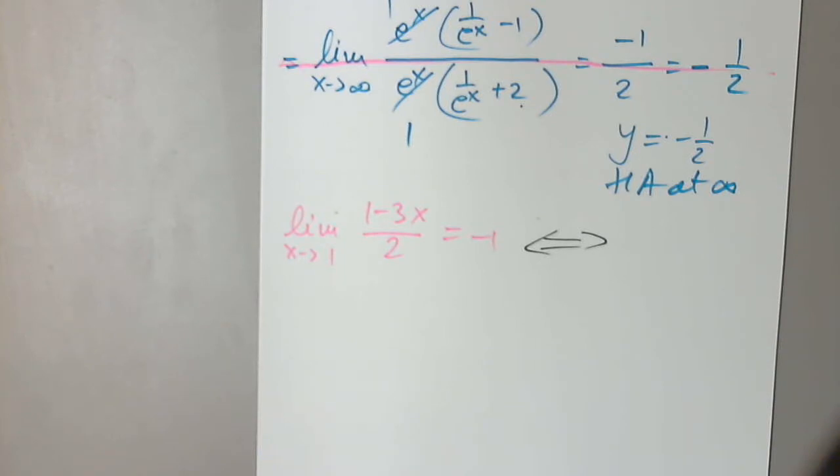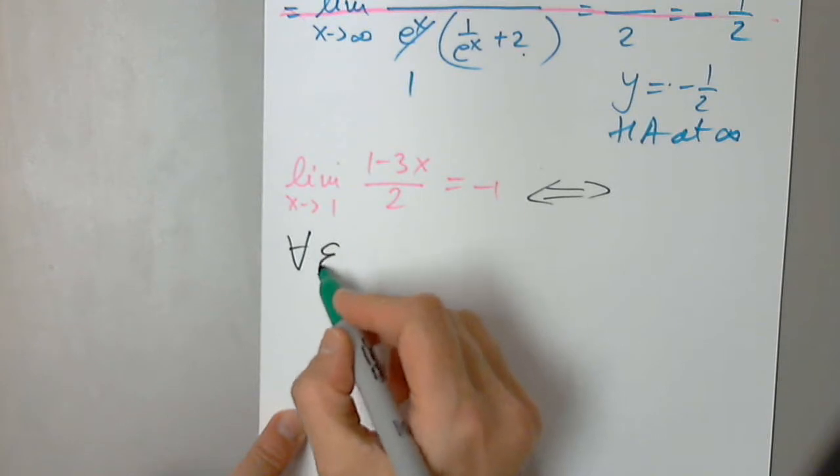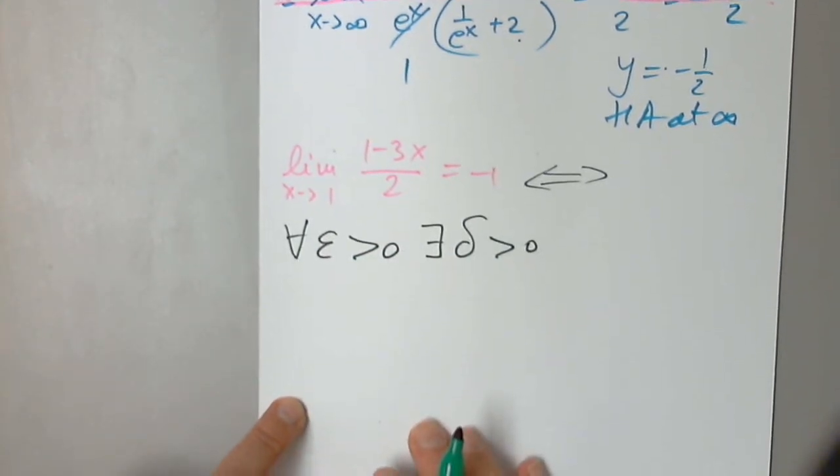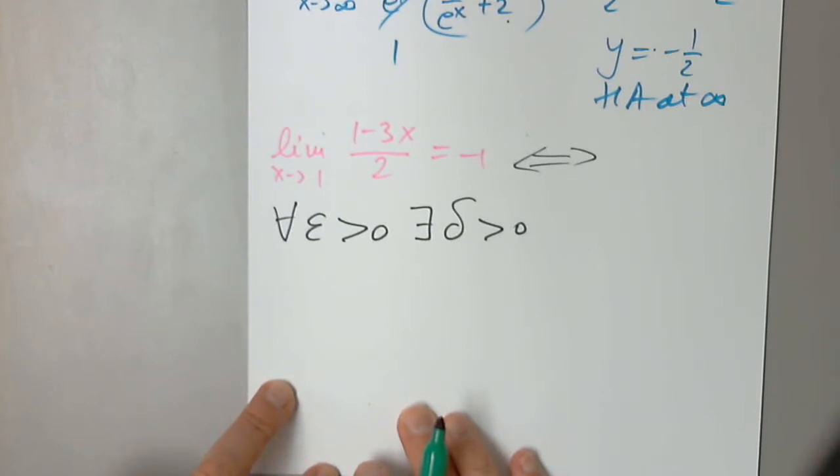Yes, it's correct. So then, for sure, I will find an epsilon greater than 0 such that it will correspond a delta.